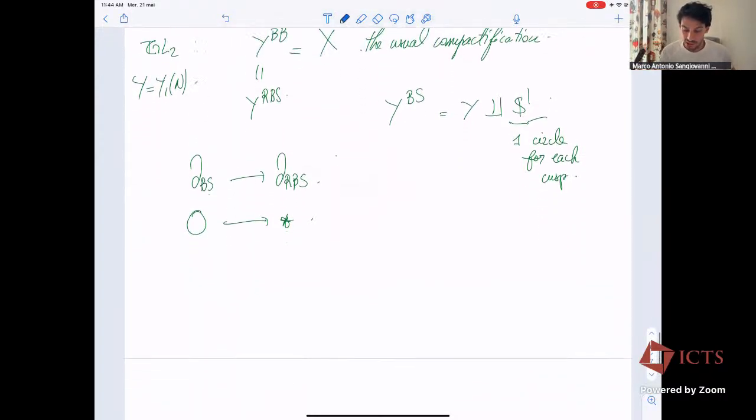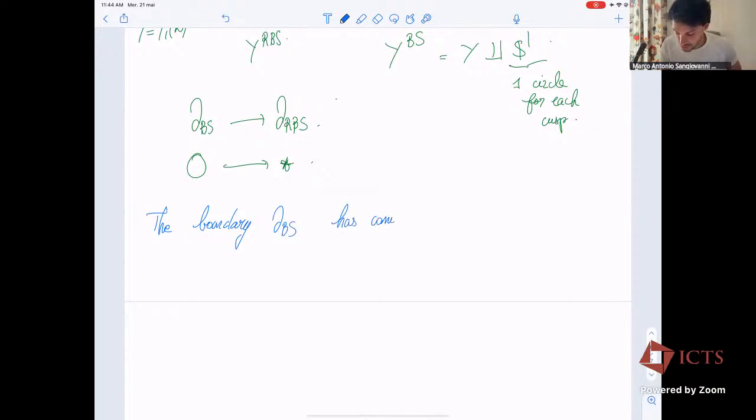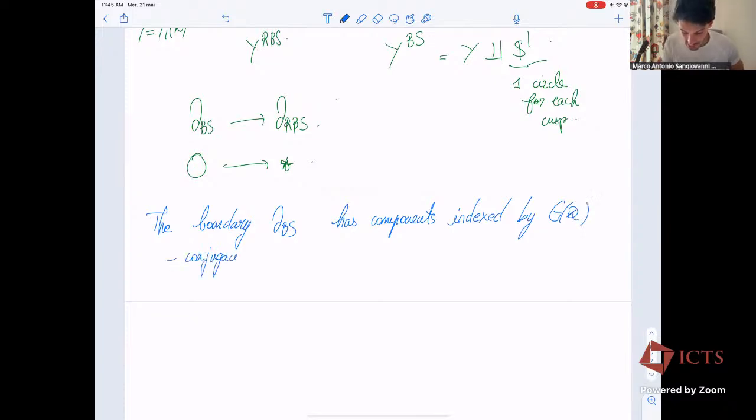So this was the case of GL2. Now let me go on to describe a little bit what the case of the Siegel threefold is. The boundary delta BS has components indexed by G(Q) conjugacy classes of parabolic subgroups.